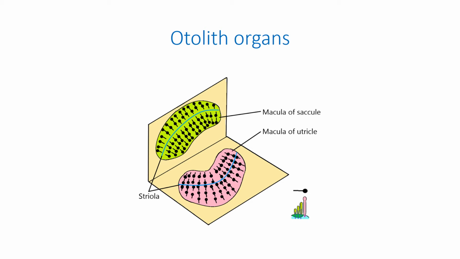The utricle responds to movements in the horizontal plane, lateral displacements, sideways head tilts, as well as anterior-posterior motion. Thus, there are only two sensory organs for three axes of linear motion. However, they can respond to movements in all three dimensions.